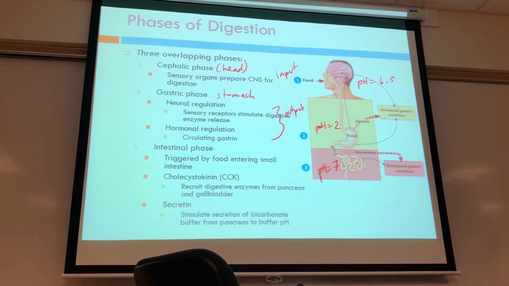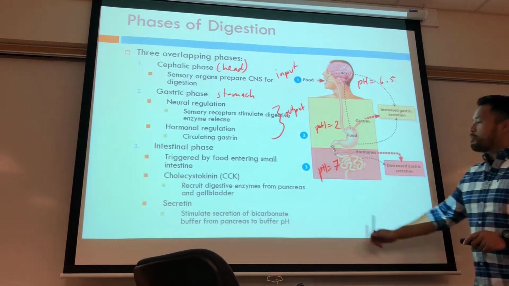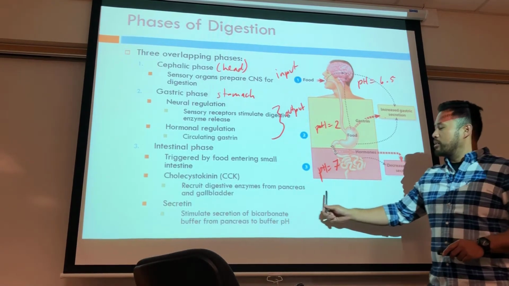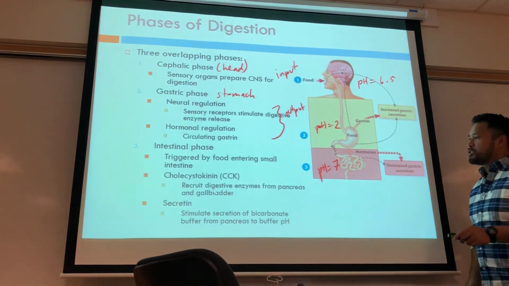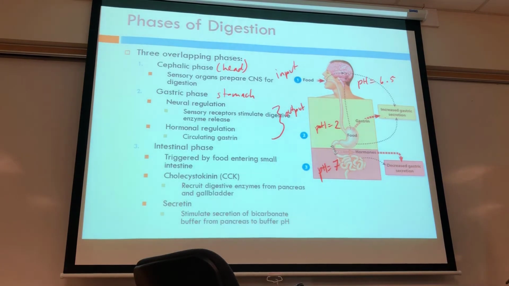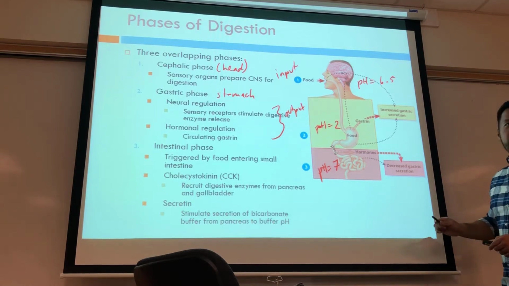At the same time, we do have accessory organs. Our accessory organs are going to be our pancreas, and the liver, which is going to produce our bile, and the gallbladder that's going to be involved in the storage of bile. So those, which we'll talk about later, okay, are going to be involved in the digestion of fats.